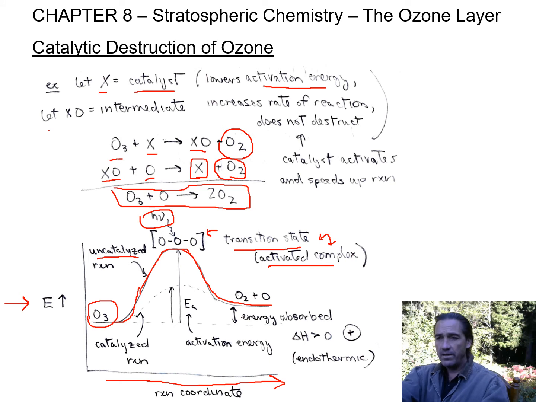However, in the presence of a catalyst, we now have much lower activation energy, and we can quickly convert the reactants into products. Both of these reactions are endothermic, and so they're absorbing the energy from the ultraviolet.